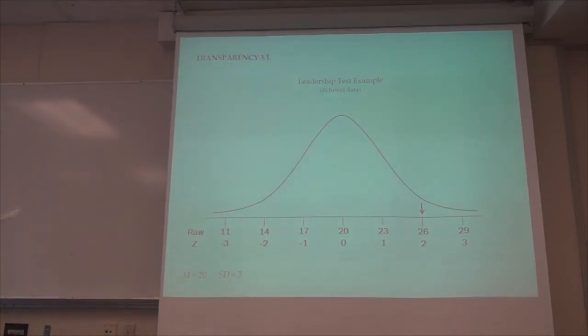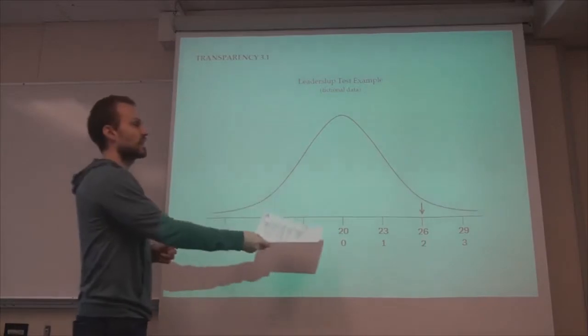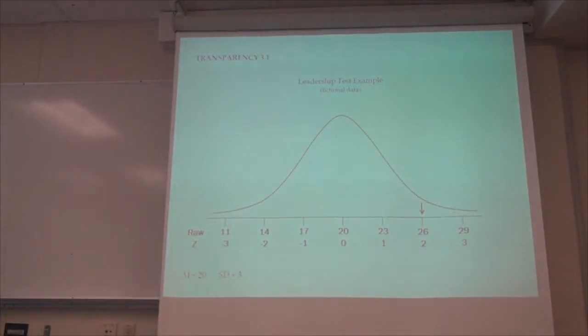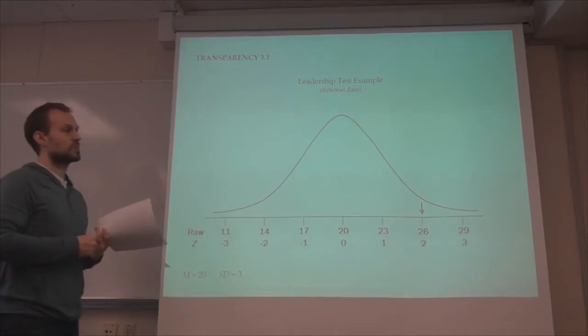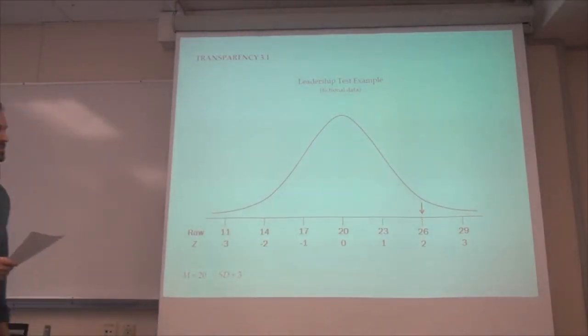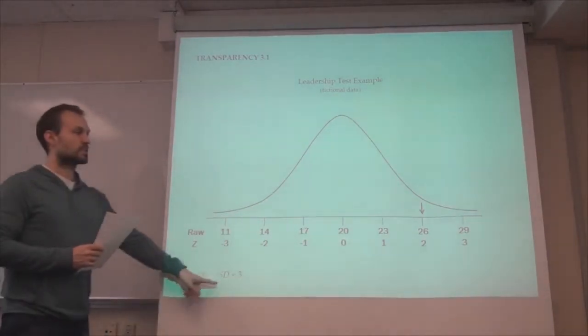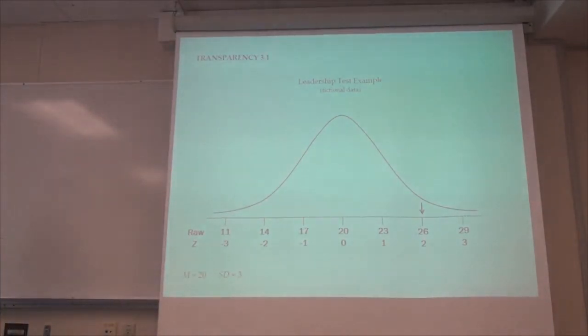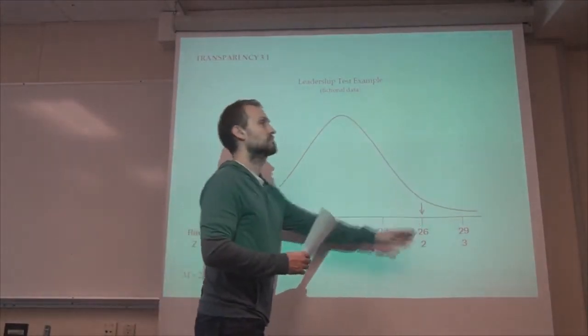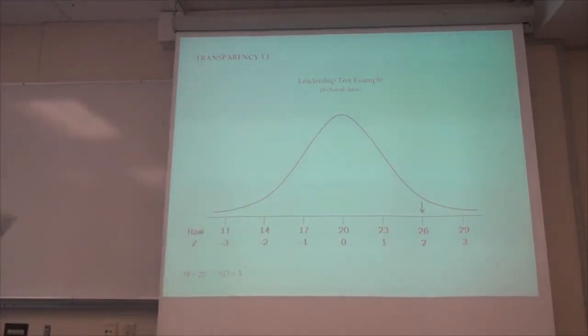If this comes from a leadership test and I get a score of 26, does that mean the person is a good leader? And how good? How close is that 26 to the average? Well, the average in this case is 20, and the standard deviation is 3. So that 26 sits 2 standard deviation steps from the mean.